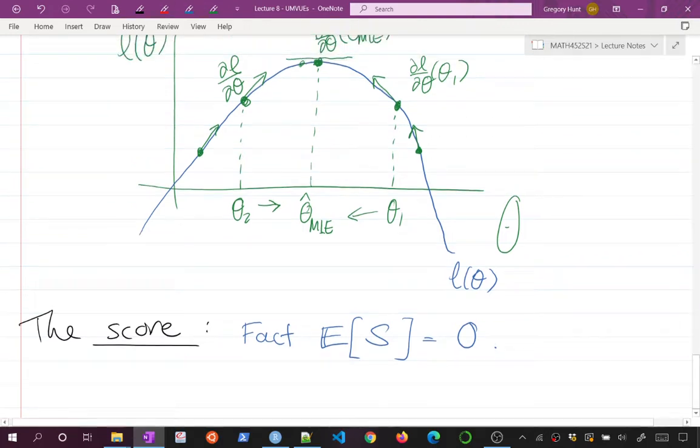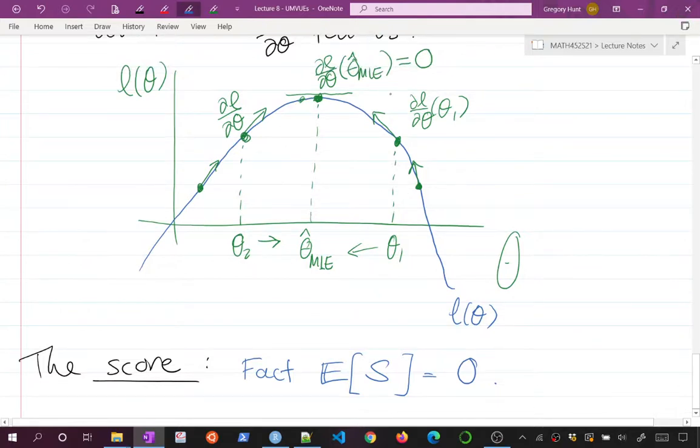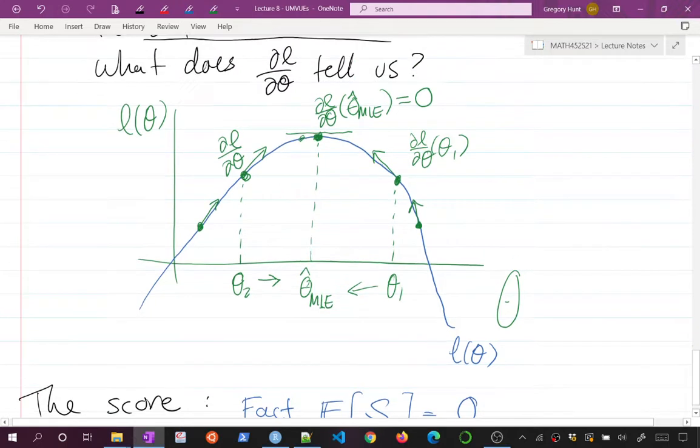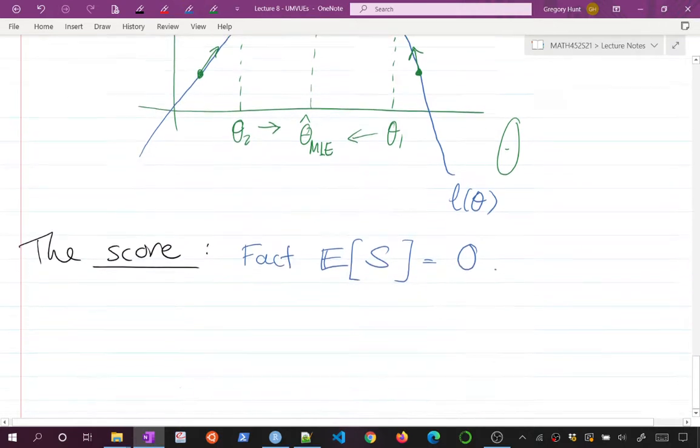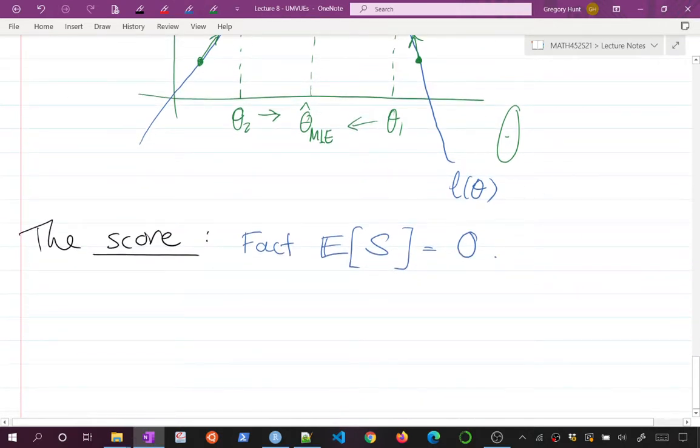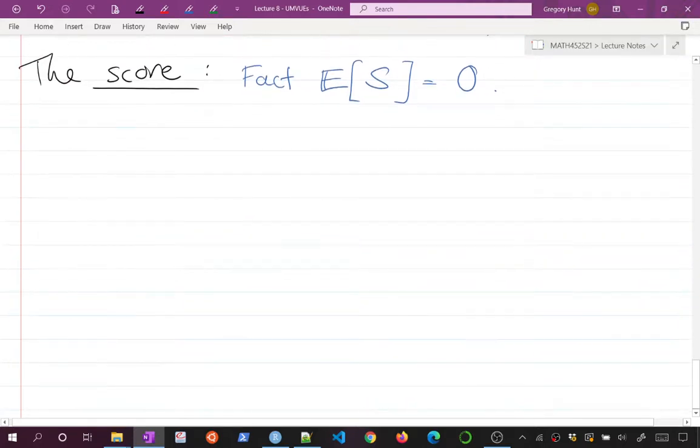That's a similar flavor to what we got here, which is that in the deterministic case, we use the derivative of the log likelihood to find this MLE. The MLE is defined as the point where that derivative is 0 in the differentiable cases. And if we view that thing as random, if we plug our random sample into that derivative, we get what's called the score. And the score, on average, is going to be 0.